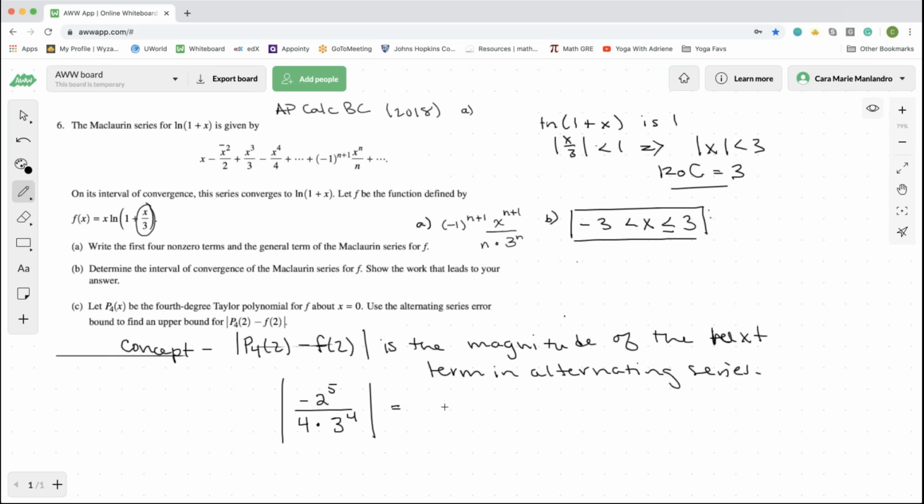If we plug that into a calculator, I should get 2 to the third over 3 to the fourth, just canceling this out. That would give me 8 over 81. So your series is bounded by less than 8 over 81.